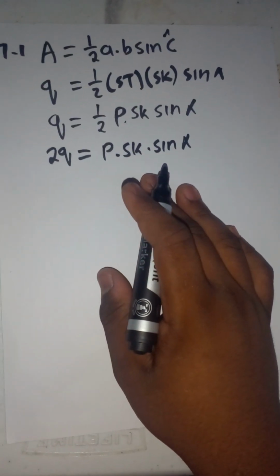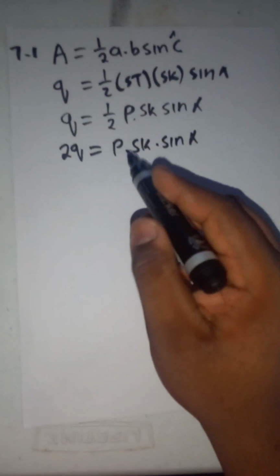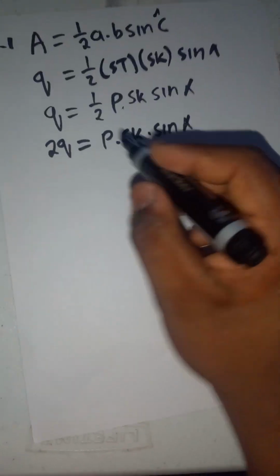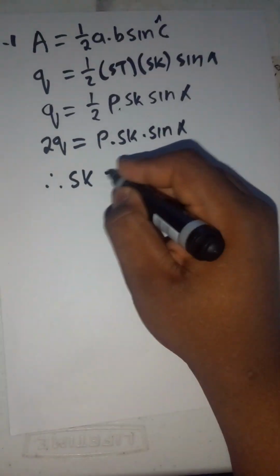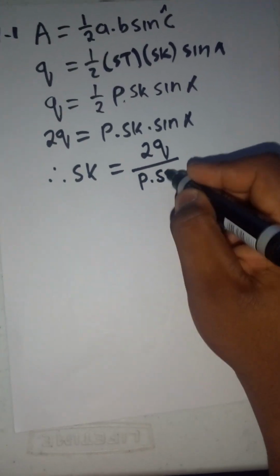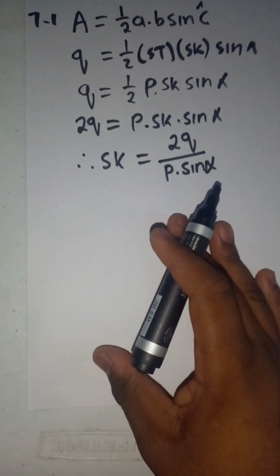Can you see it? But what do they want? They want SK, meaning that we can divide both sides by P sine alpha. Therefore SK will be equal to 2Q over P sine alpha. Is it fine? So that's how it is.